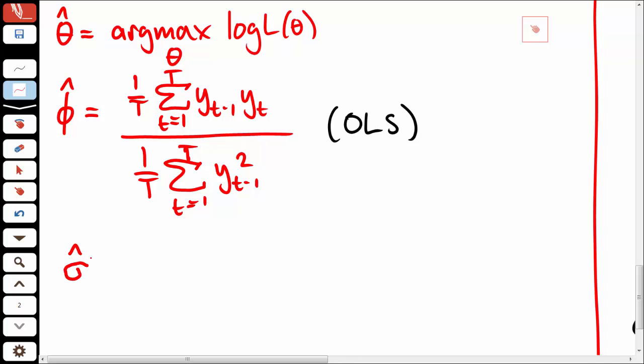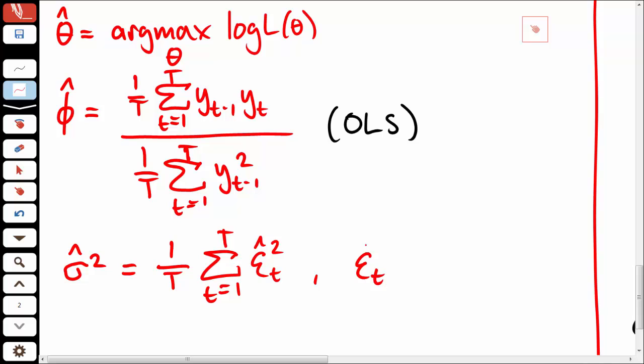Likewise, the maximum likelihood estimator for sigma squared is simply the average of the squared residuals, where the residual epsilon_t hat is given by y_t minus phi hat times y_{t-1}.